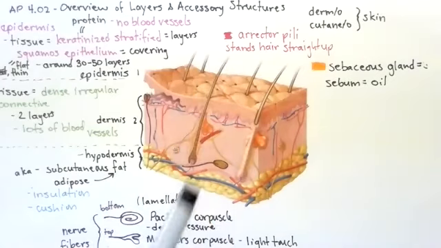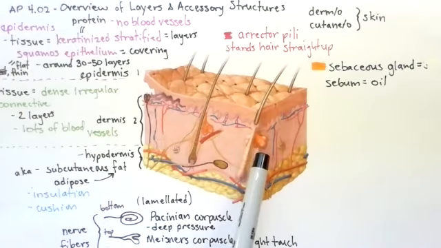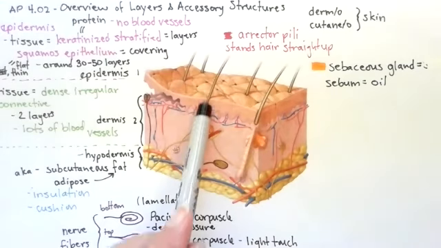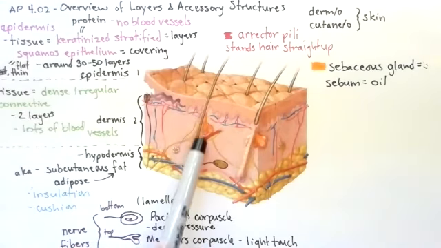Well, your hair needs oil. Your cutaneous membrane needs oil. You understand in the wintertime, when things dry out, your skin starts to feel dry. Without that oil, it cracks, it can get sore, and it's a real problem. So our sebaceous glands provide that, and they send the oil out through the same pore that the hair follicle exits out of.